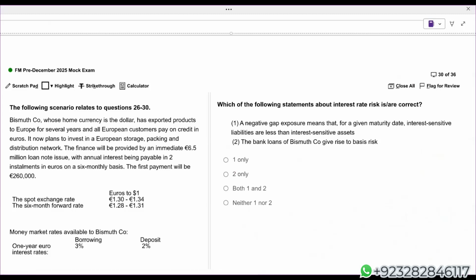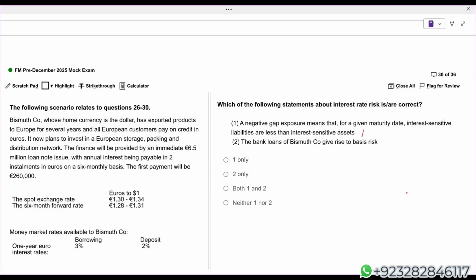Which of the following statements about interest rate risk are correct? A negative gap exposure means that for a given maturity date, interest rate sensitive liabilities are less than interest rate sensitive assets. No, actually your liabilities should be more.